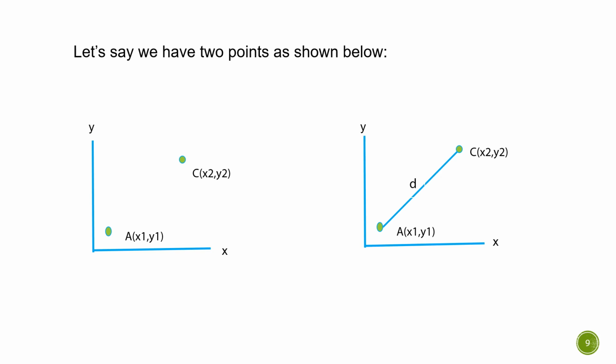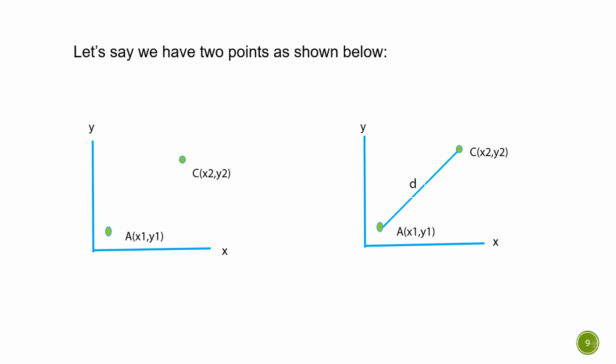Now we will see how to find the Euclidean distance. Suppose 2 points are given, one is A and another is C. Point A is represented by the coordinates x1, y1 and C is represented by the coordinates x2, y2. If we connect these 2 points and we want to find the distance between them, this distance is represented by d.